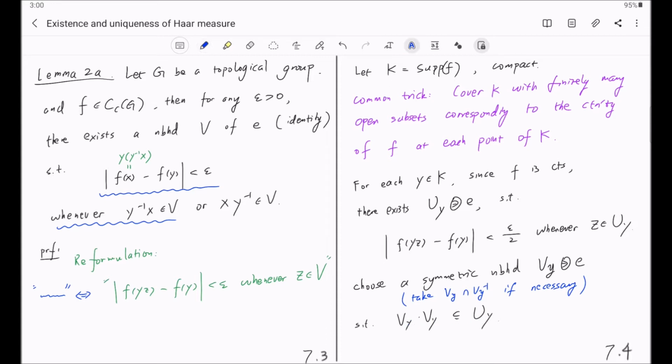And to make this happen, we're going to use the continuity of the product in topological groups. This product map in a topological group is always continuous. This sends (x, y) to x times y.